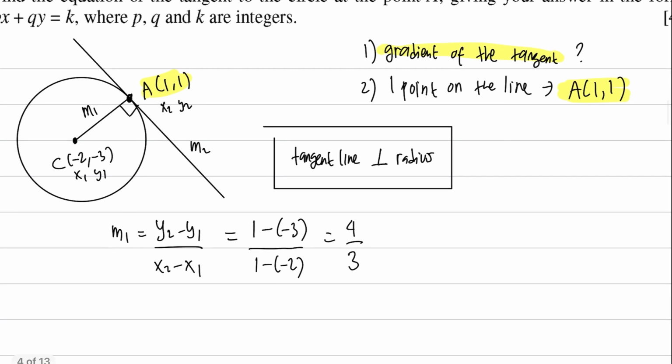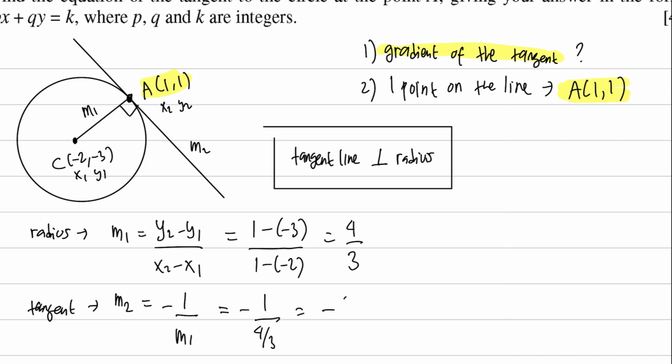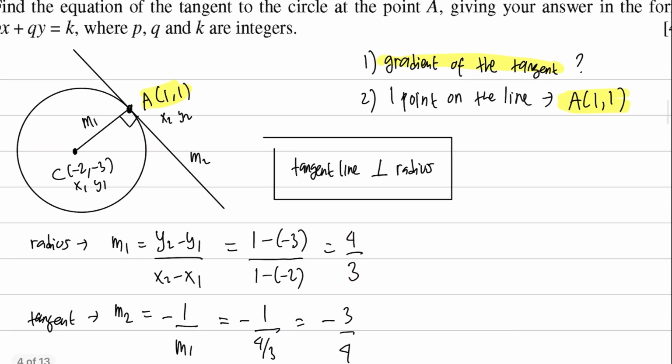This is the gradient of the radius. So the gradient of the tangent, because it's perpendicular, you can apply the formula of the perpendicular: M2 equals minus 1 over M1. So you will get minus 1 over 4 over 3, which is minus 3 over 4. Which means you just flip this number and then put a negative in front.